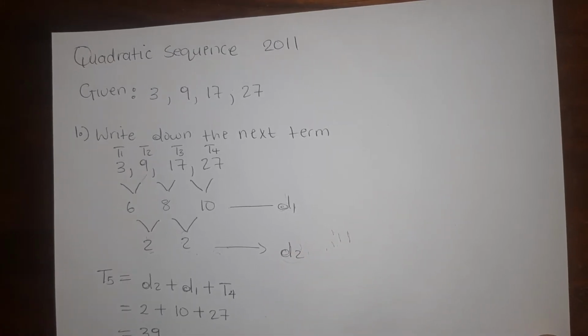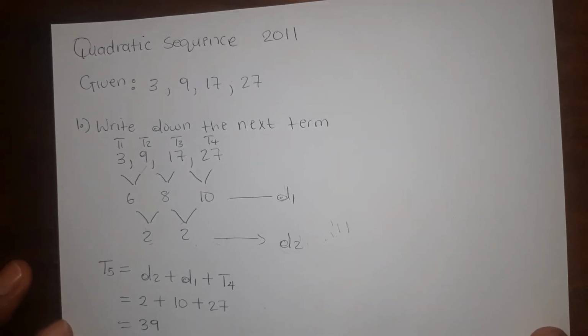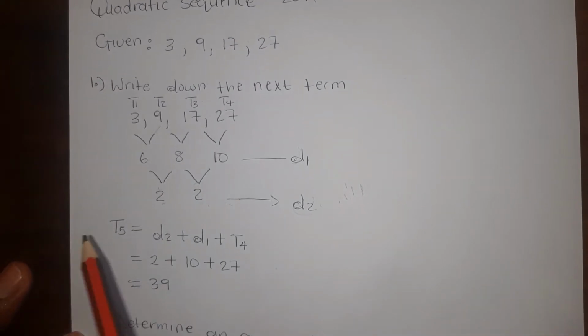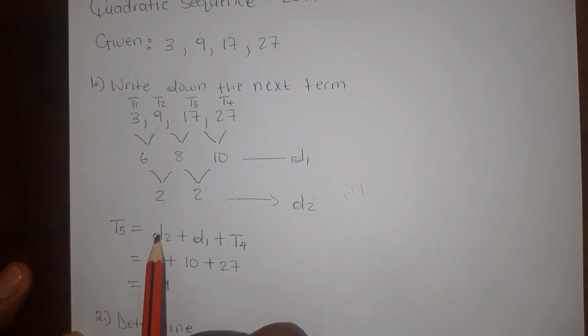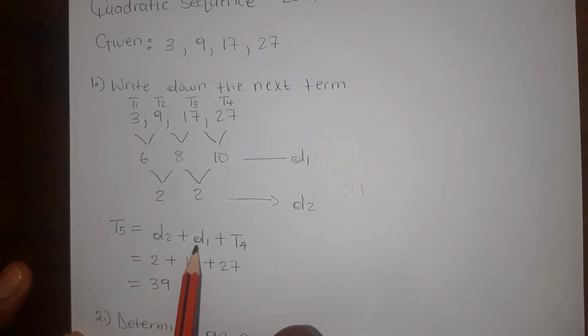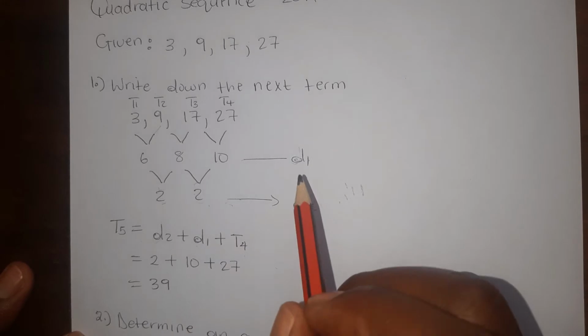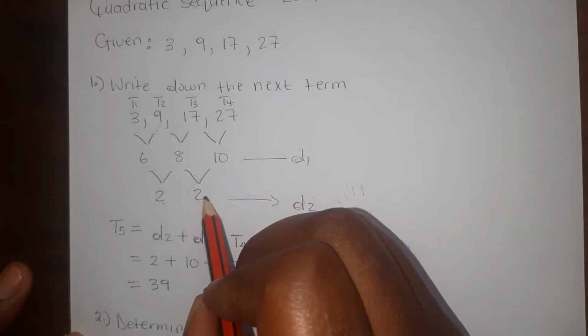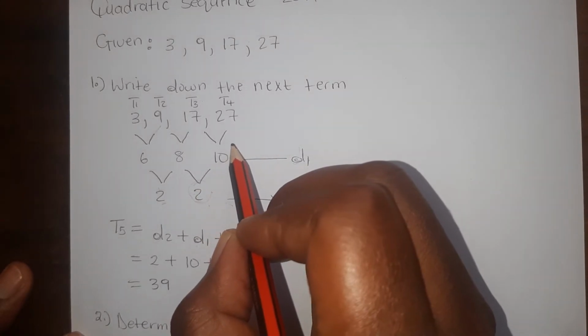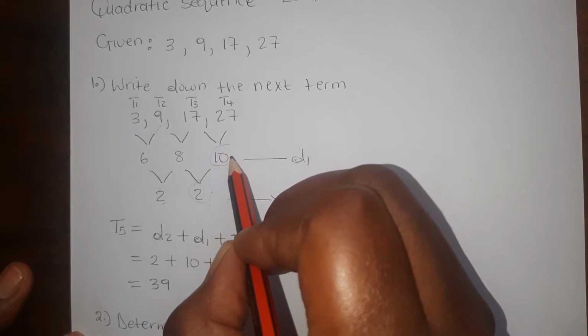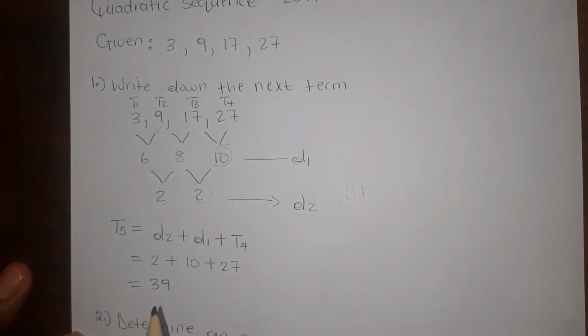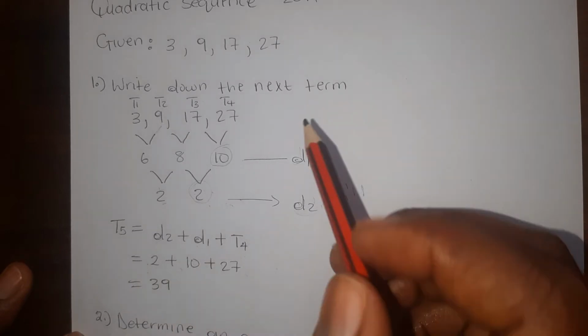So guys, our next term should be T5. The formula I came up with to get our T5 is: T5 is equal to the second difference plus the first difference plus T4, meaning we add the last terms of the differences.